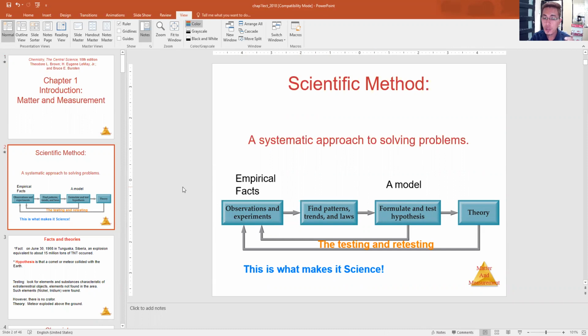It starts from your observation, then you create a hypothesis, and from that hypothesis you create somewhat of an initial answer, which is the law. Then after a series of testing of that law, it becomes a theory. And then there is more testing and retesting to prove the existence of that theory.